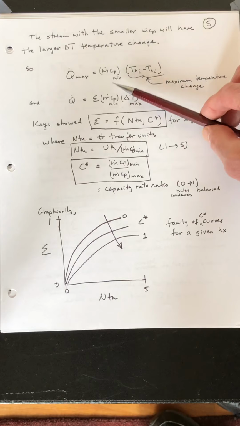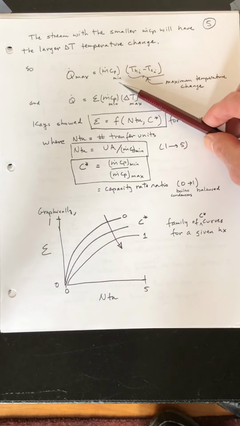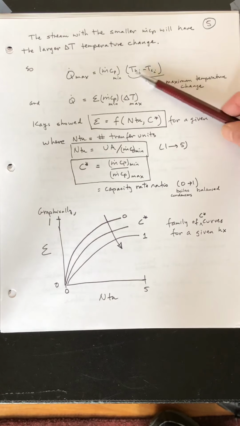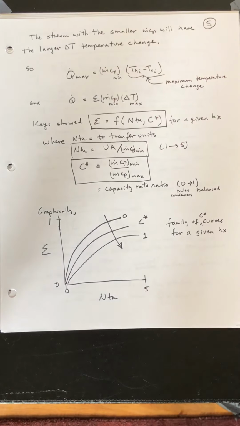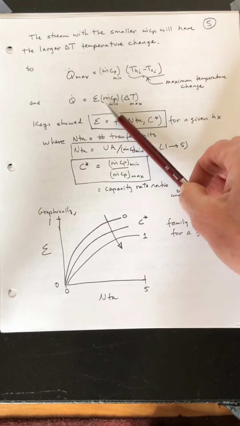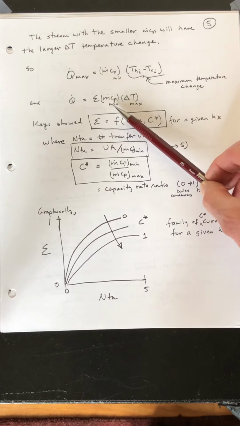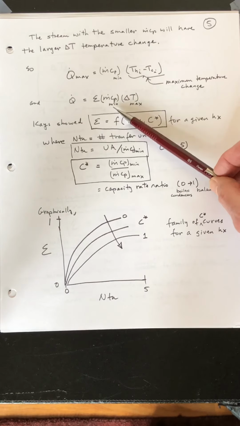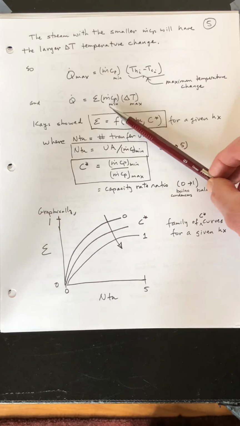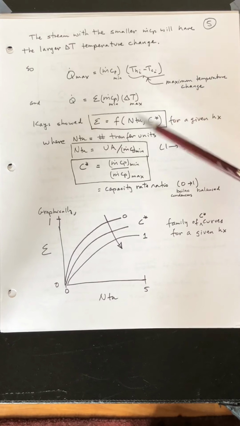And when you multiply the flow rate times specific heat times the maximum temperature change, that's the maximum heat transfer that you can have. The book has a nice explanation of this as well. So that then means that the actual heat transfer will be the effectiveness times the m dot Cp, the smallest value of the two, times the maximum temperature difference.